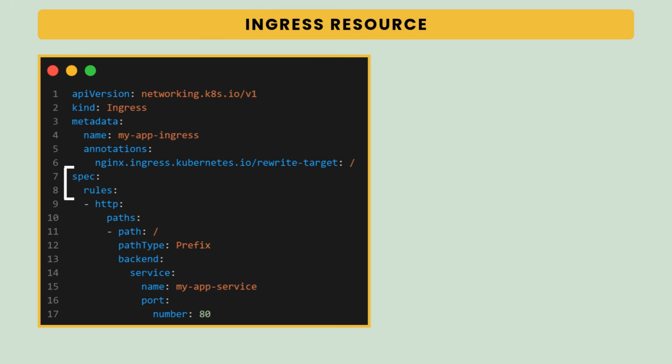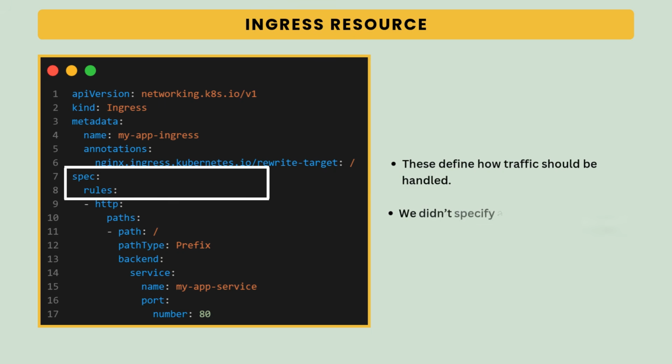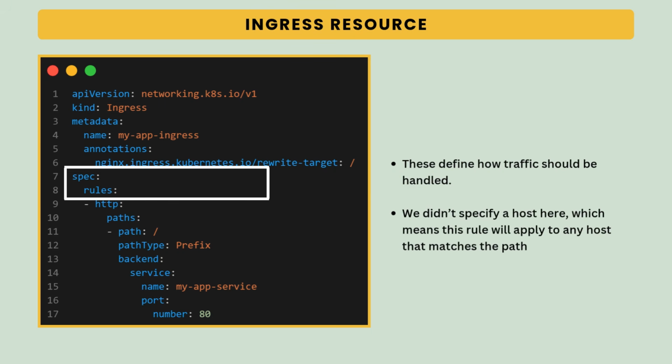Then we have this spec section. This is where all the actual routing logic lives. Inside spec, we have rules, and these define how traffic should be handled. We don't specify a host here, which means this rule will apply to any host that matches the path.